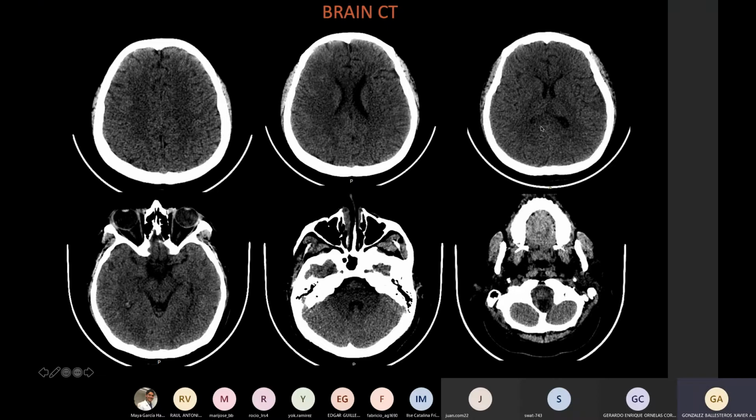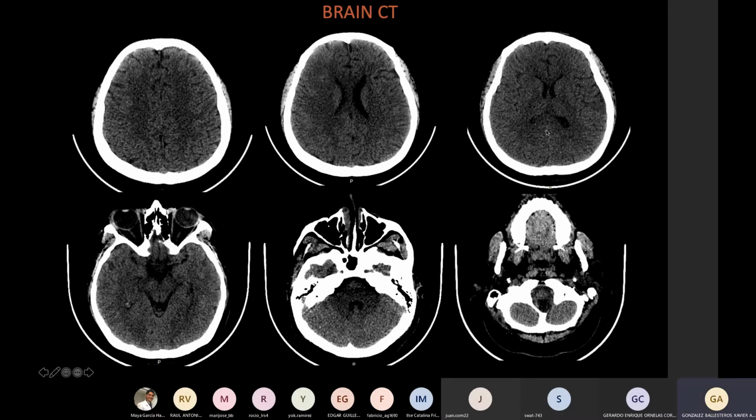Afterwards, we evaluate the deep gray matter structures, such as the basal ganglia, caudate, putamen, and globus pallidus, and also the thalamus and internal capsule, which were normal.